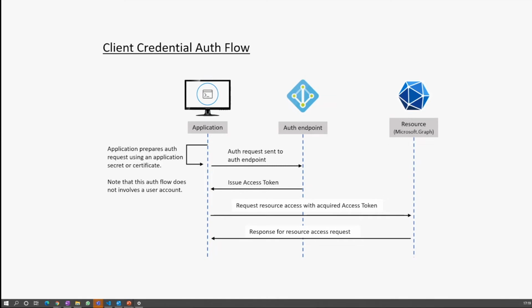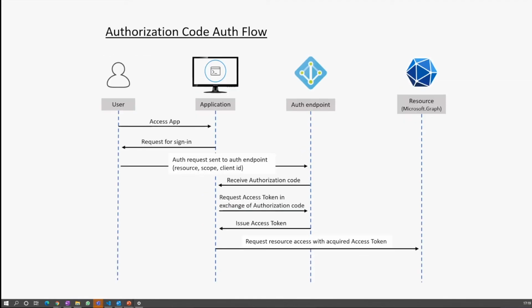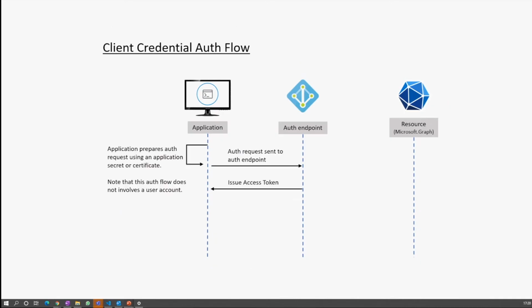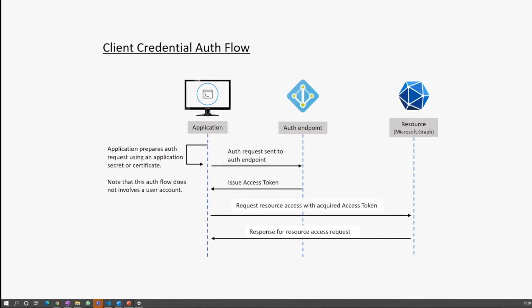Now, both the authentication flows that I talked about involve a particular thing, that is a client ID. Because the Microsoft Authentication Library also forms the base for conditional access, the client ID is important.